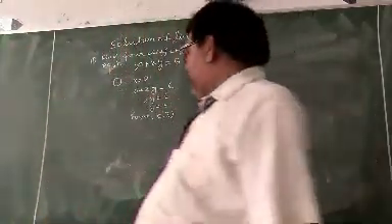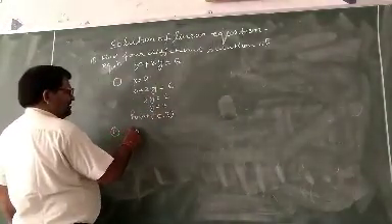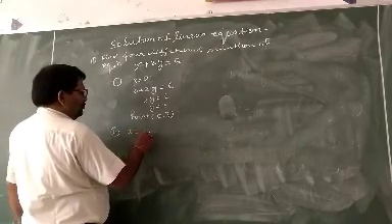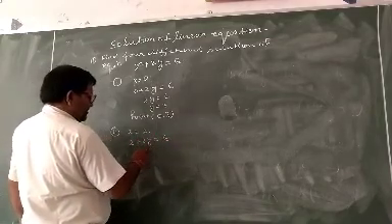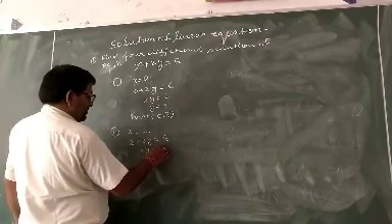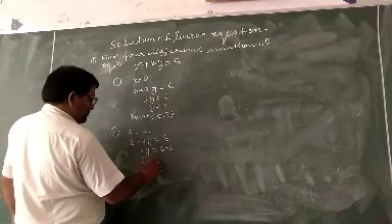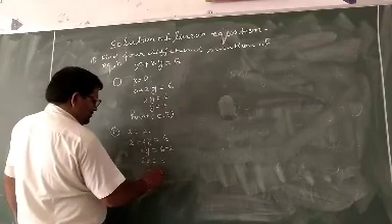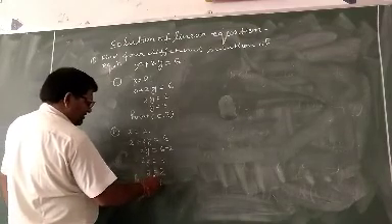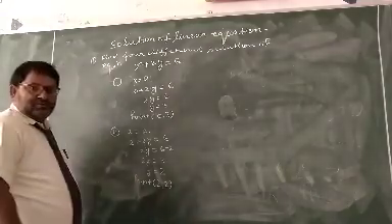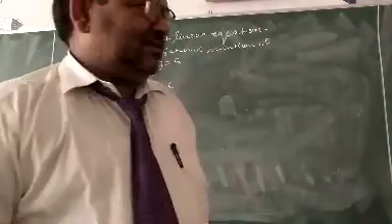Similarly, now we can find the second point. x equal to 2. 2 plus 2y equal to 6 and 2y equal to 6 minus 2, so 2y equal to 4 and y equal to 2. The point (2, 2) is the second solution of the equation.